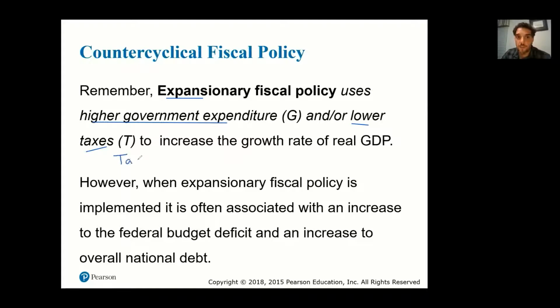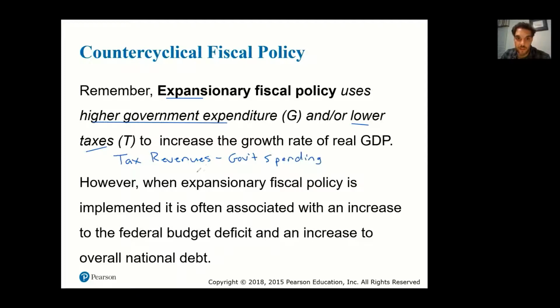The federal government's budget is made up of the tax revenues that are collected, and the money that the government spends, or how the government uses those tax revenues. So that's government spending. We've seen this before.